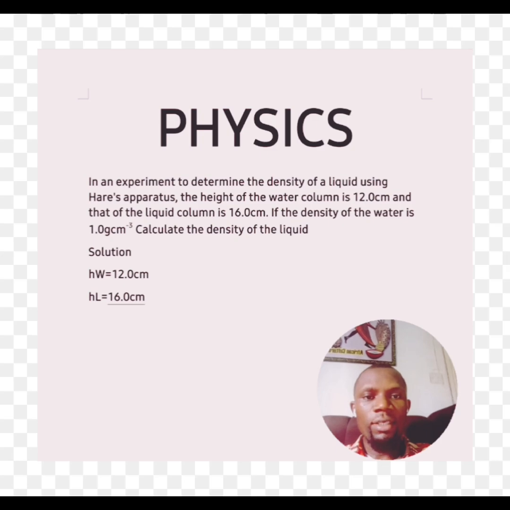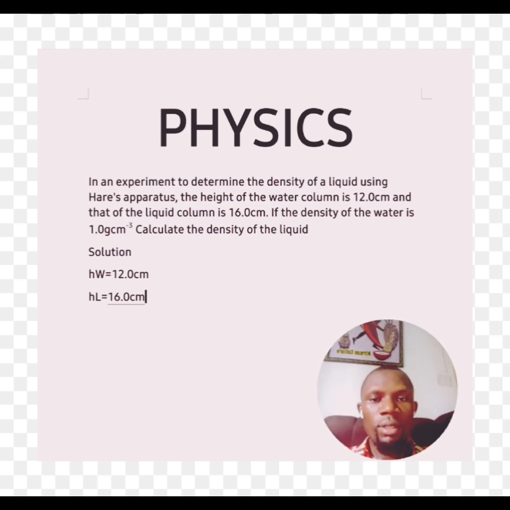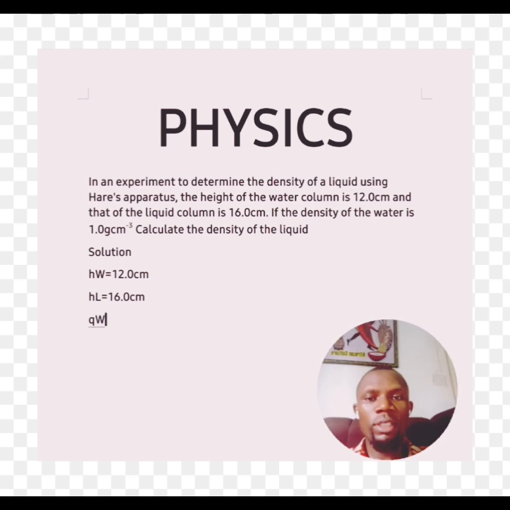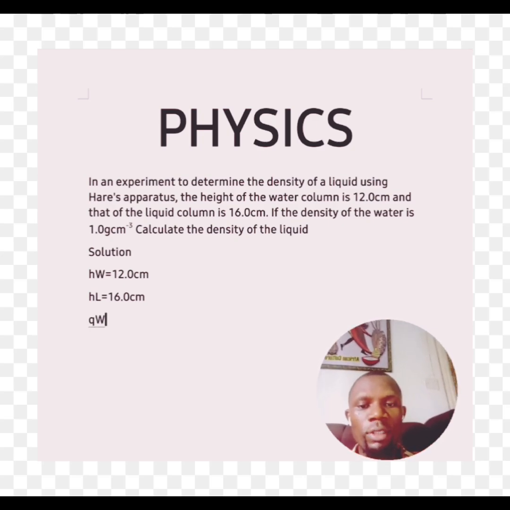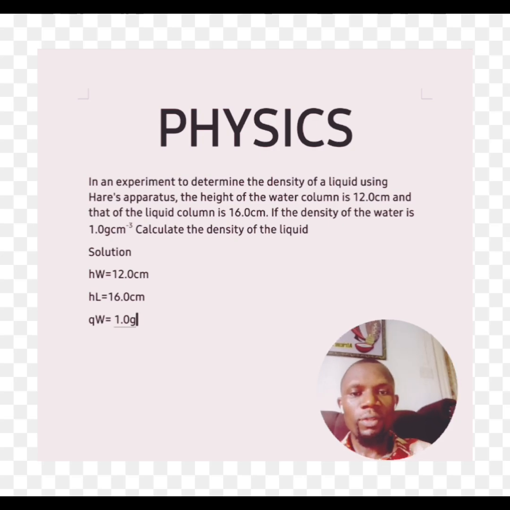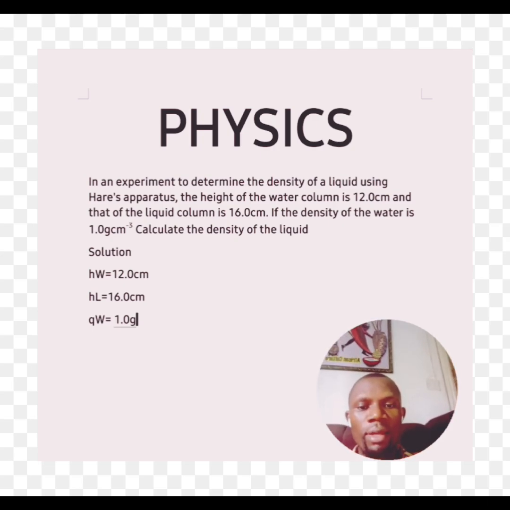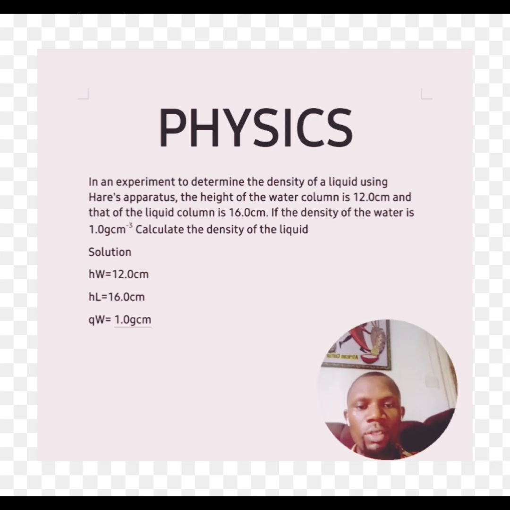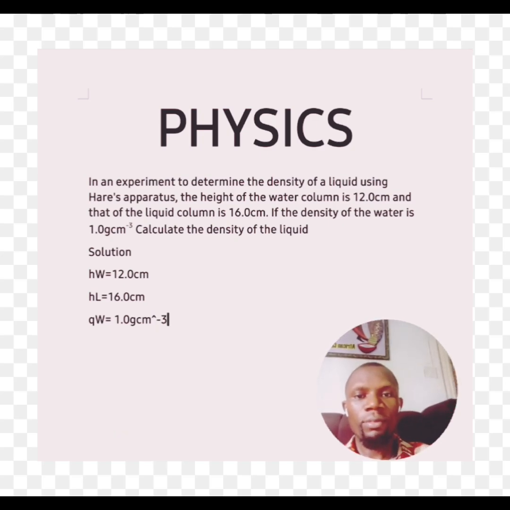If the density of water is 1.0 gram per cm cube, that means the density of water is given to us. Density of water is equals to 1.0 gram per cm cube, that is, gram cm raised to the power of -3.